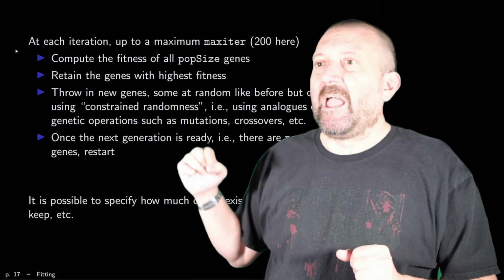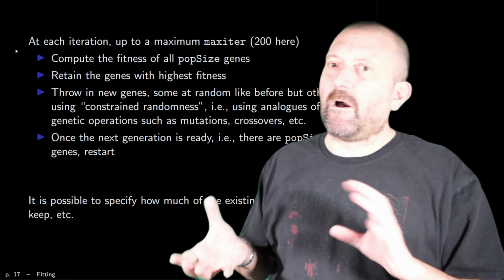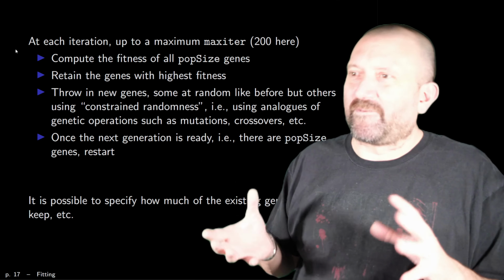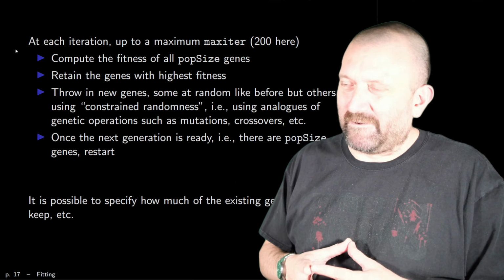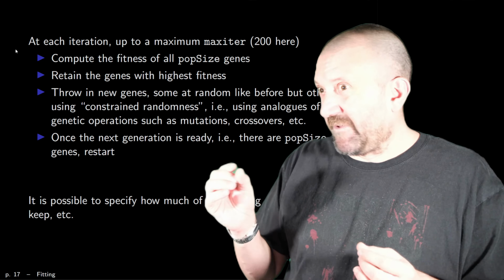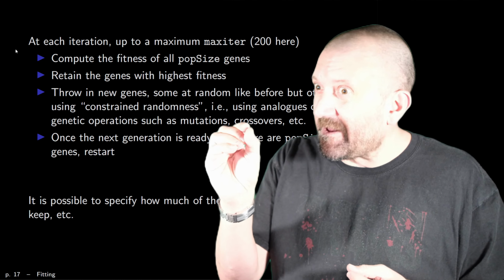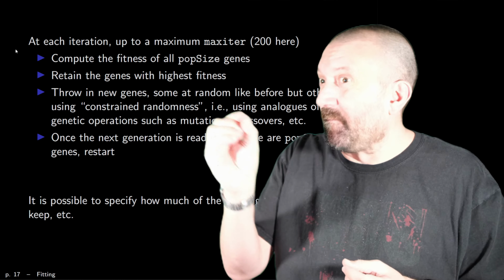Then it takes those and performs analogs of genetic operations. It's going to do things like mutations. A mutation consists of a little variation of one component of a gene.